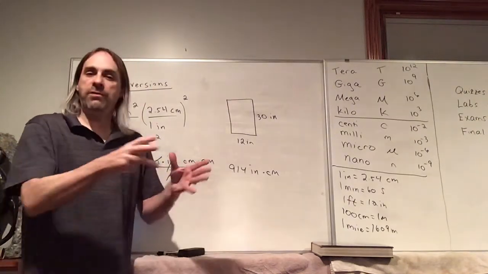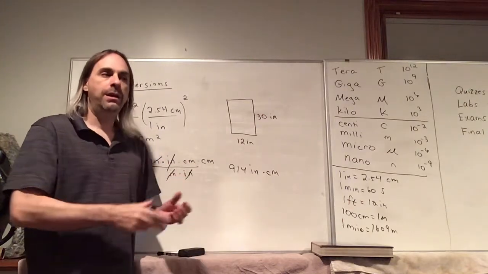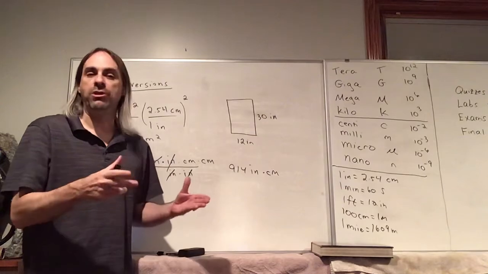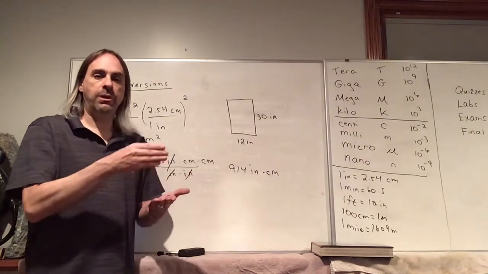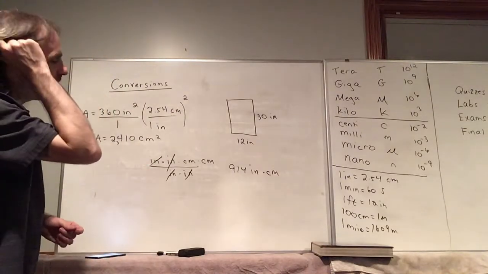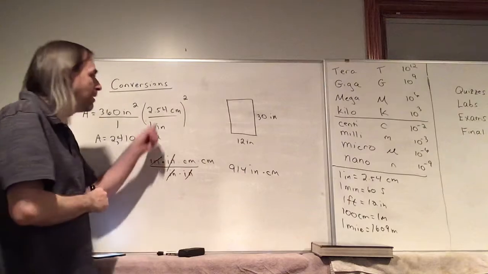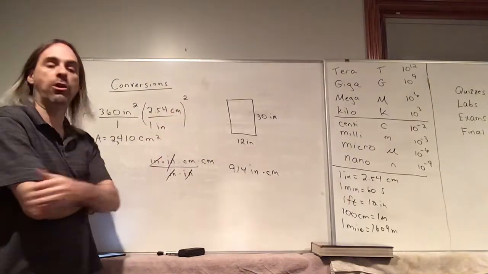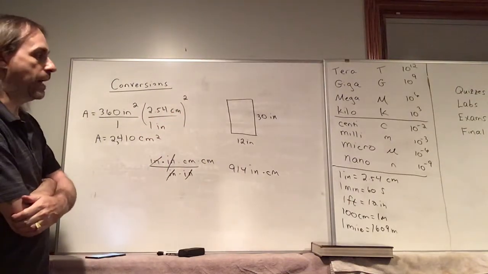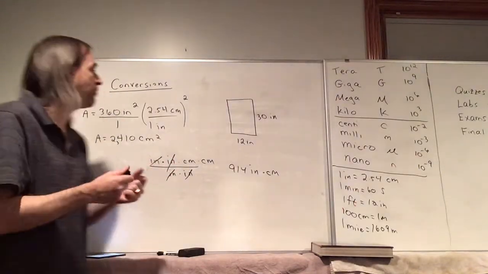If you have a rectangular object, it'd be length times width times height, and each of those has, say, inches to it. So you'd have an inch times an inch times an inch, that would be cubic inches. And again, if you want to convert that from cubic inches to cubic centimeters, you'd have to cube the conversion factor.